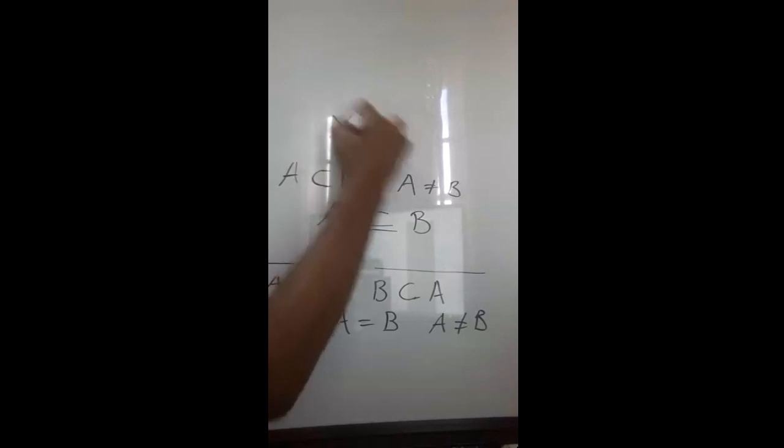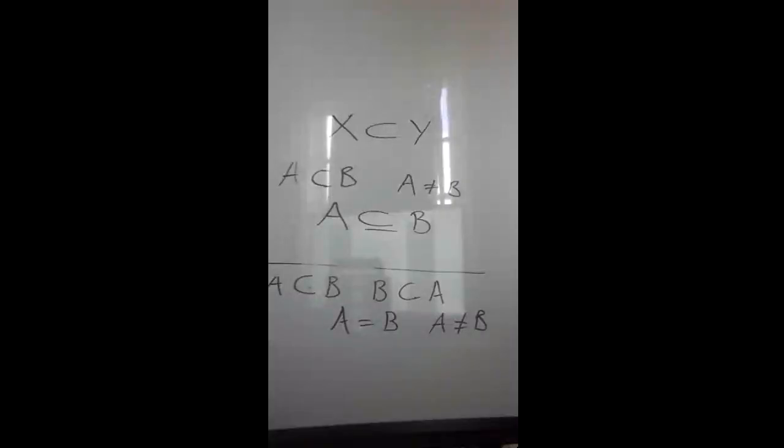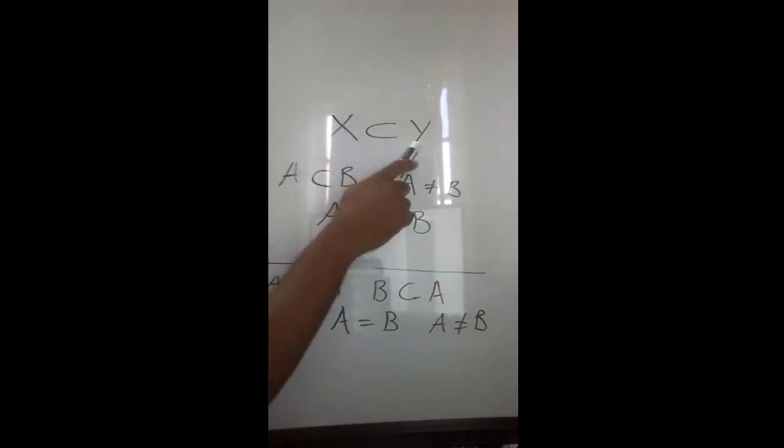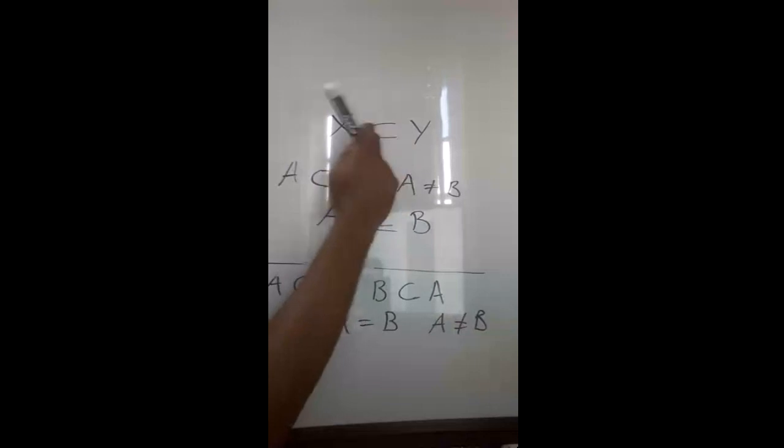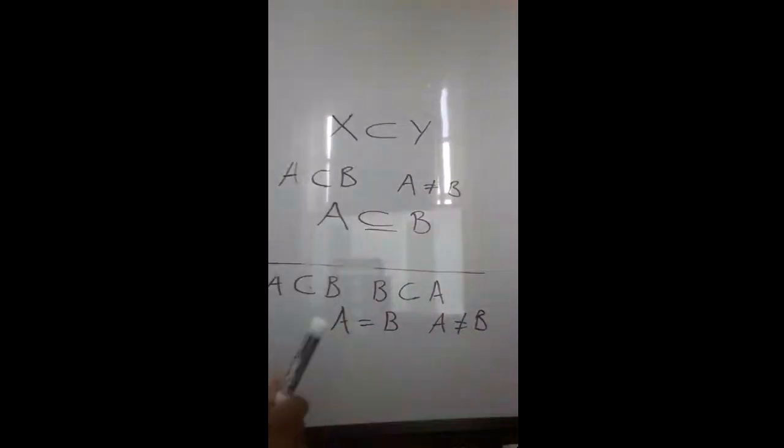Whereas when you say X is a subset of Y, we know that everything in X is in Y, but we're not sure whether or not X is equal to Y. When it's written without the line underneath, we are not sure whether X and Y are the same set.